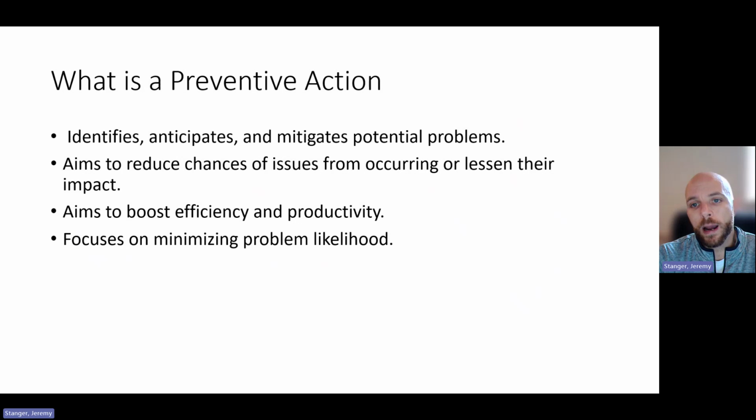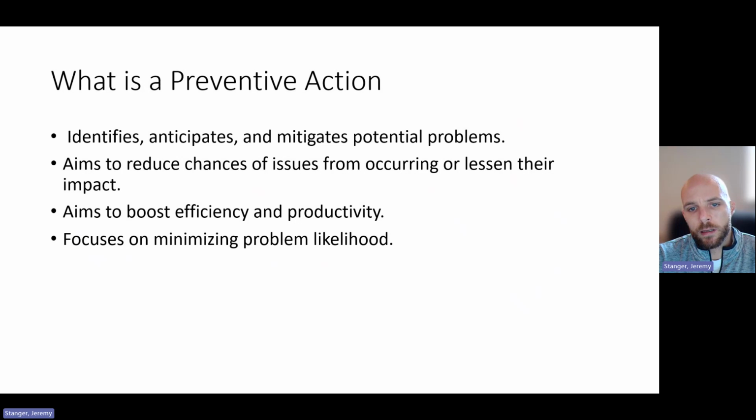So if you're more proactive, you think about it up front, in the end it's going to be more efficient. You're not going to have a loss of productivity because you had an incident happen, you have to stop work, fix the issue, and then move forward. You already know about the potentials up front. You've implemented those solutions, and you can go forward and be more efficient and more productive.